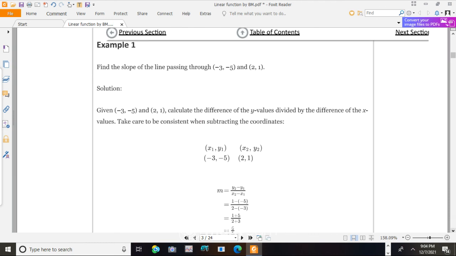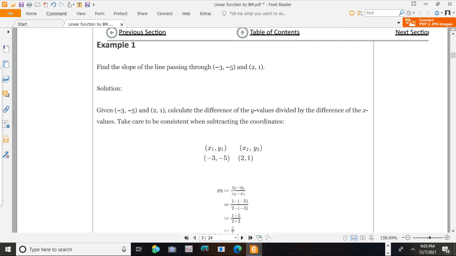Example 1. Find the slope of the line passing through (-3, -5) and (2, 1). Solution: given (-3, -5) and (2, 1), calculate the difference of y divided by the difference of x. That is m equals (y2 minus y1) over (x2 minus x1), delta y over delta x.